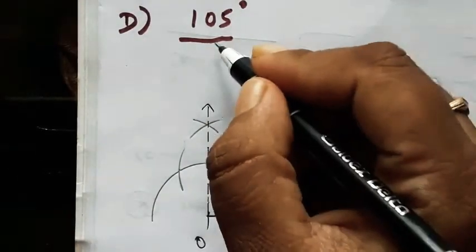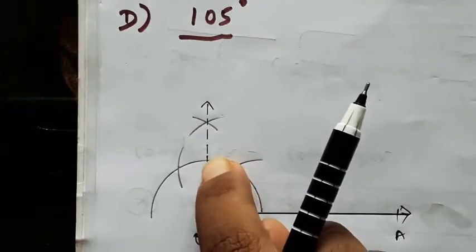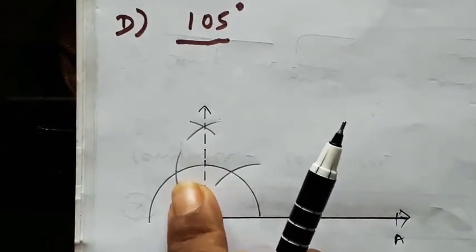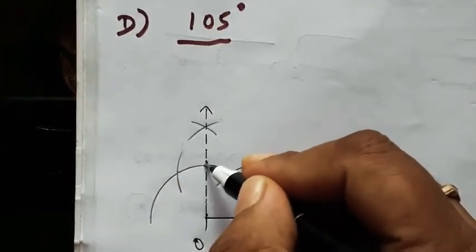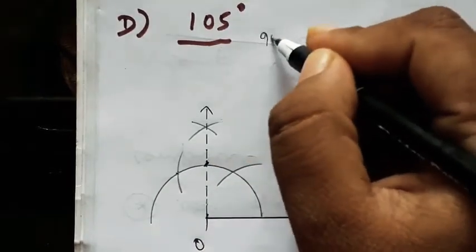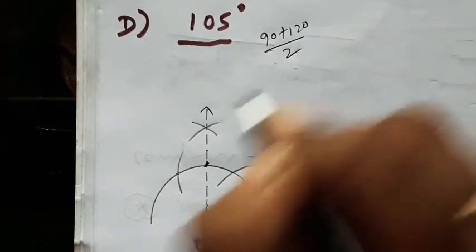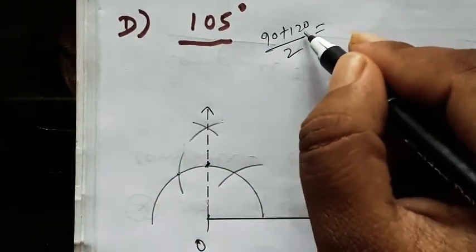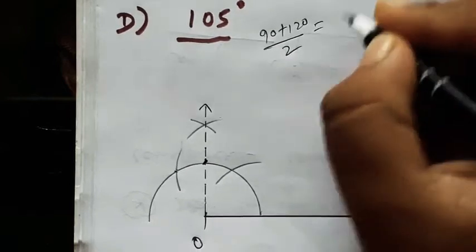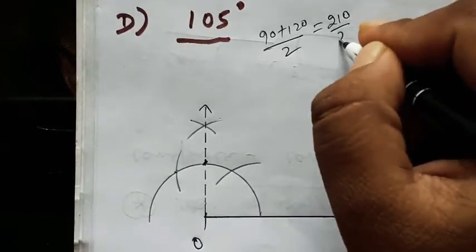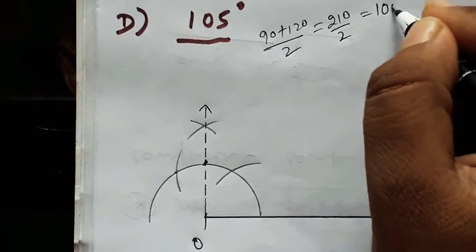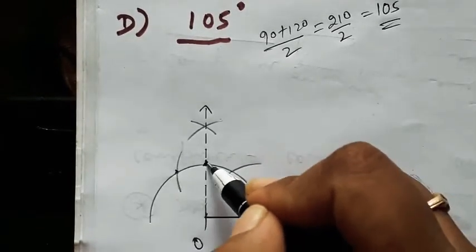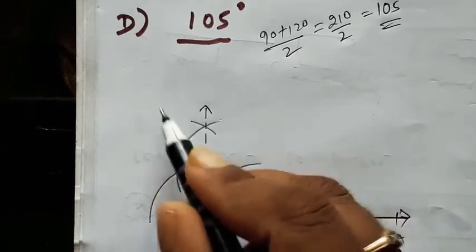See class, to draw 105, 90 is a reference point and this is 120 degree. If you sometimes forget, what you can do is, this is 90, this is 120. 90 plus 120 divided by 2. How much? See, 90 plus 120 is 210. Divided by 2 is 105. So the bisector of these 2 points is definitely what we need.